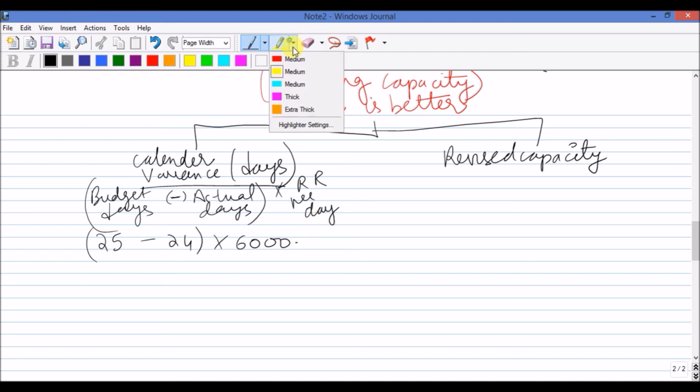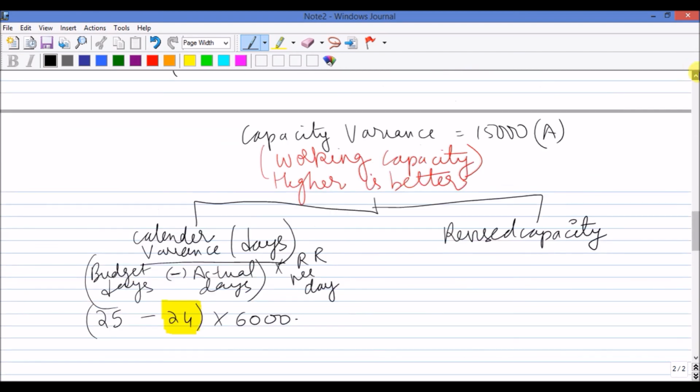Now I'm going to explain what it is. This is very important, and please follow the last lecture patiently. See friends, we are talking about capacity variance, and we are talking about working capacity variance.